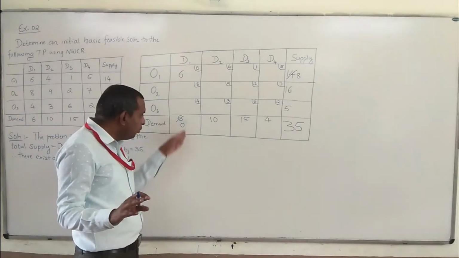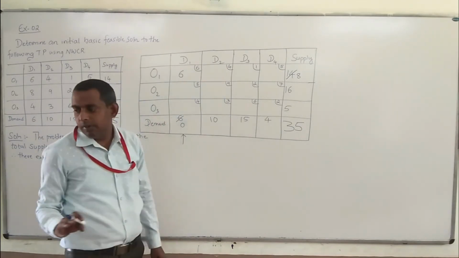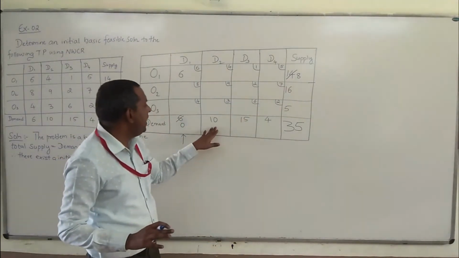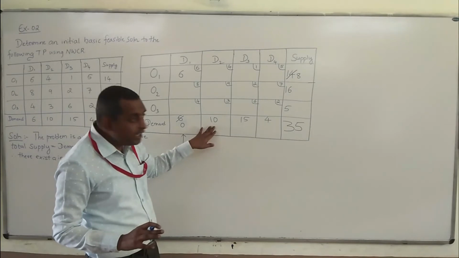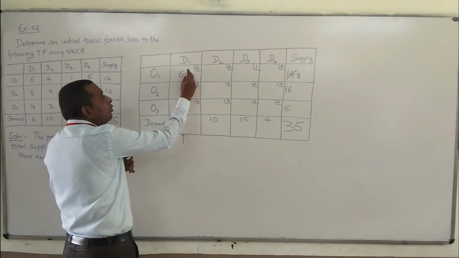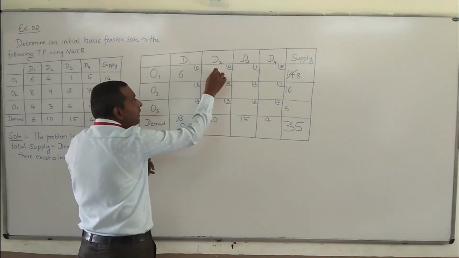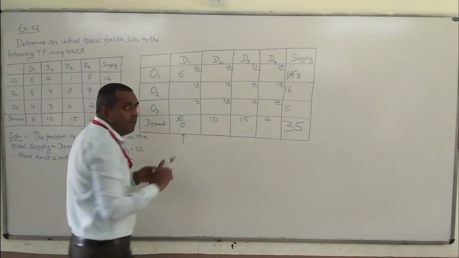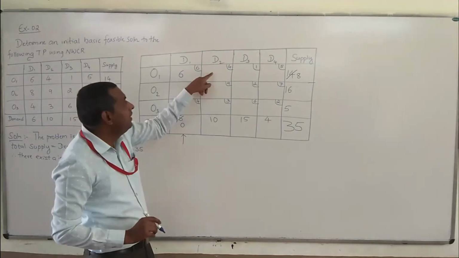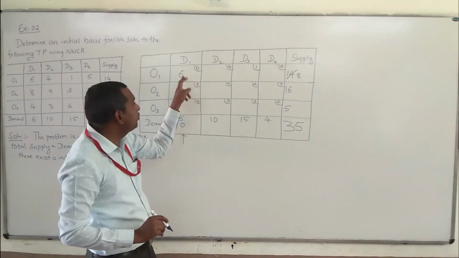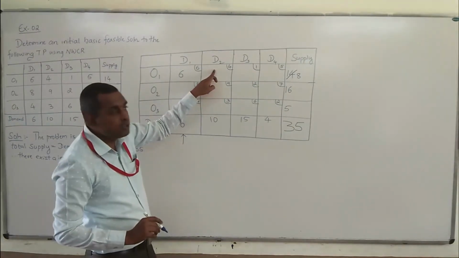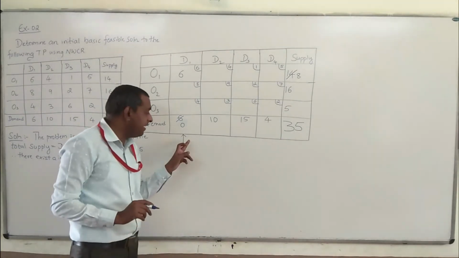Once we remove the column, go to the next column. Again check the demand and supply. Here demand is greater compared to the supply 8. Move to the next cell in the next column, because column 1 has got exhausted.